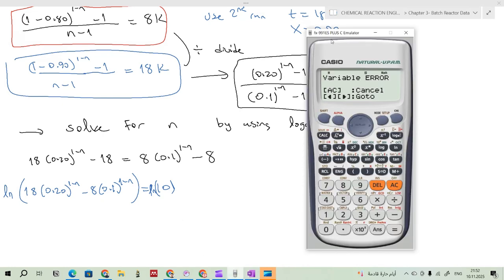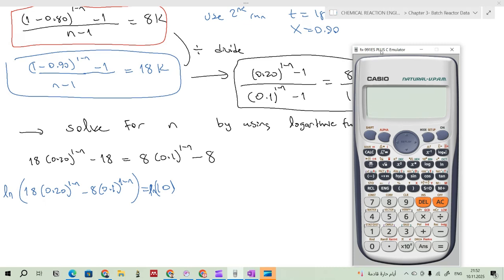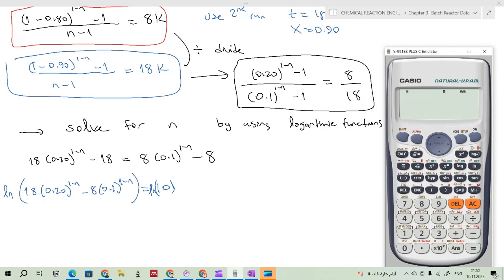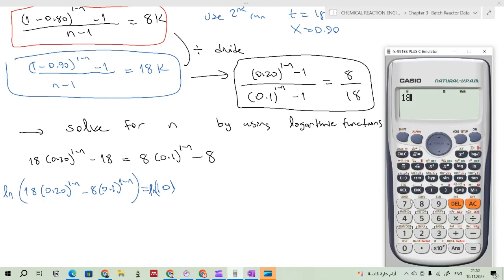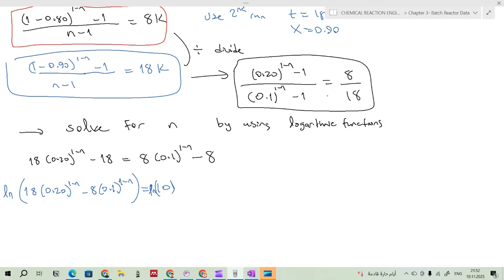So I will use the calculator. Okay, so let's use the calculator. You have 18, or we can use the simplest one here.